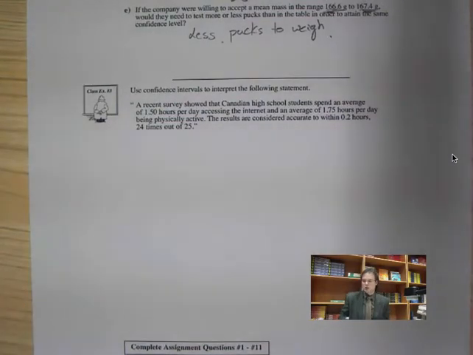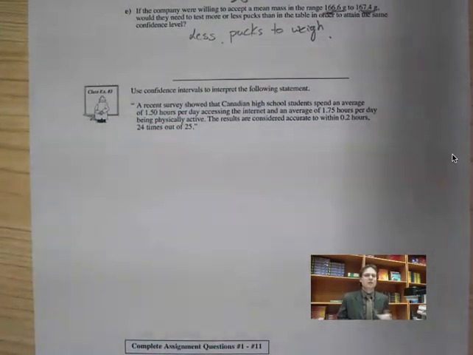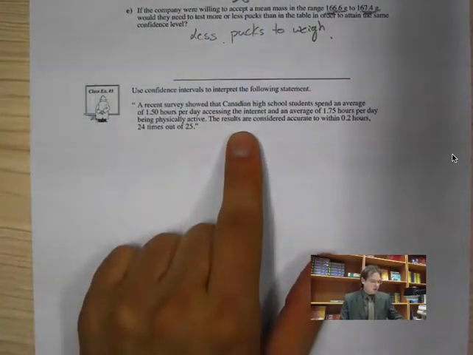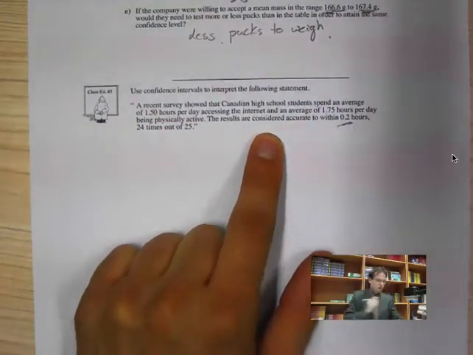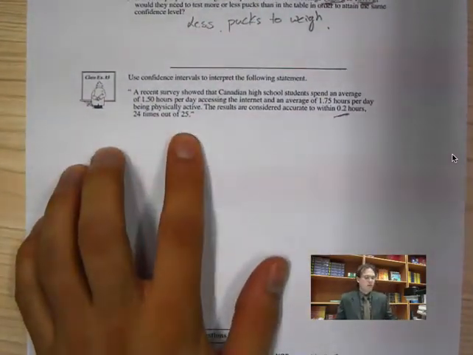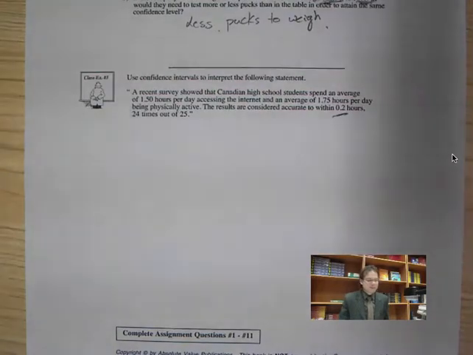Okay? Last question is, use confidence intervals to interpret the following question. So in a recent survey at a Canadian high school, it says the average student spends 1.5 hours on internet, 1.7 per day doing physical activity. Now, the results are considered to be accurate within 0.2 hours, 24 out of 25 times. So what does this mean?